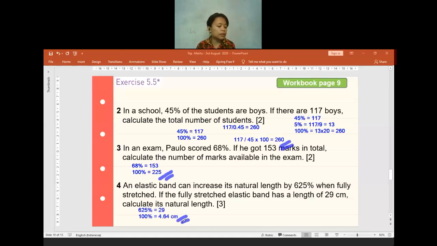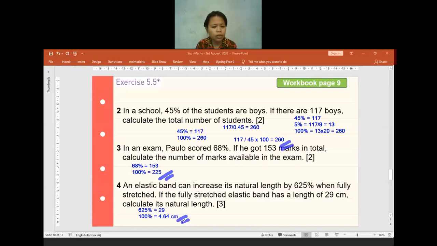If it is fully stretched out, it will equal 29 centimeters.